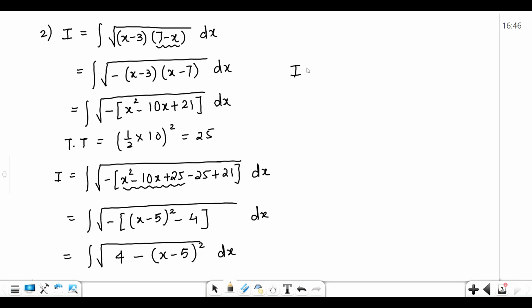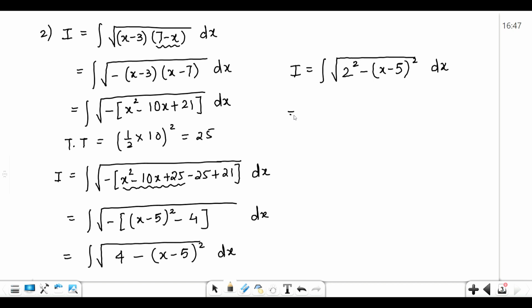Then I will be equal to the integration, where we write this 4 in the form of a square: 2 square minus (x minus 5) the whole square dx. Now this looks like the integration of the square root of a square minus x square. For this we will apply the same formula that we applied for the first part.